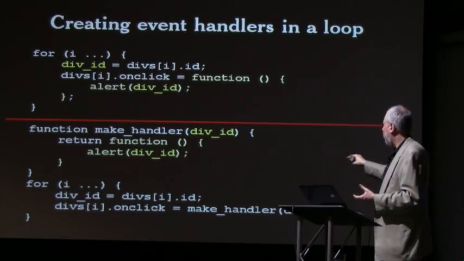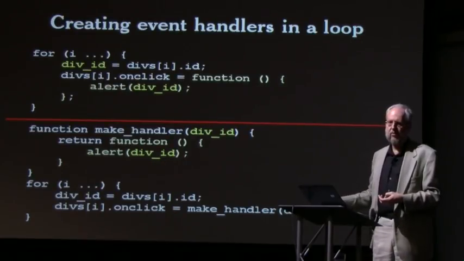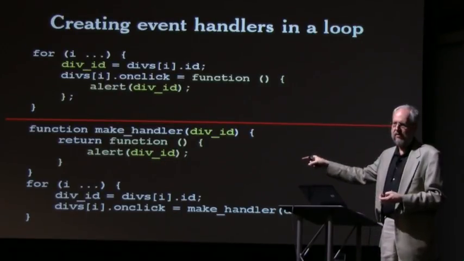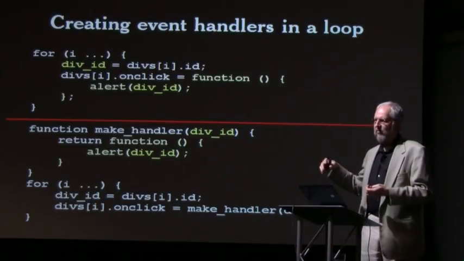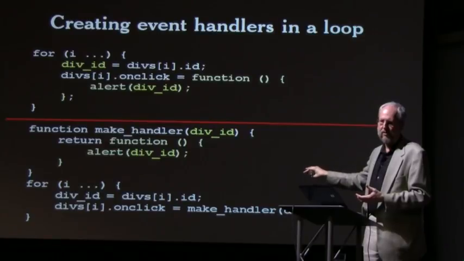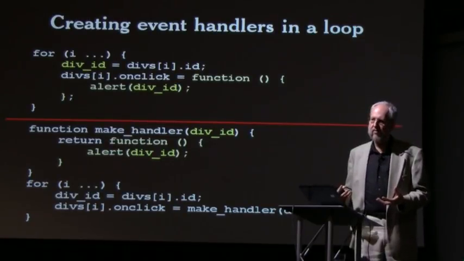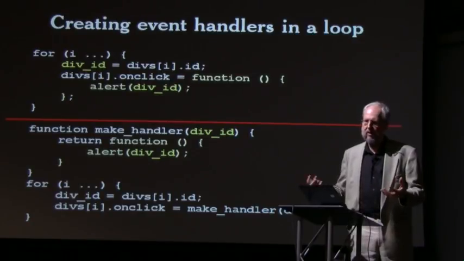Then within the loop, we call makeHandler and take its result and stuff it into onClick. By doing that, we avoided creating any functions inside of the loop. And that way we avoided the confusion that came from that problem with closure.